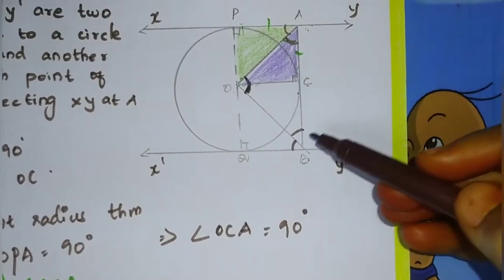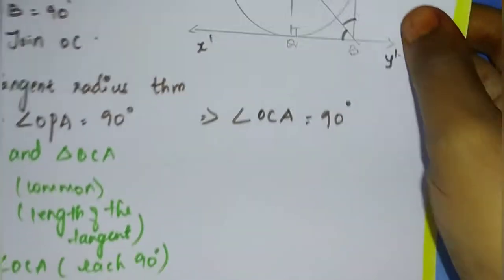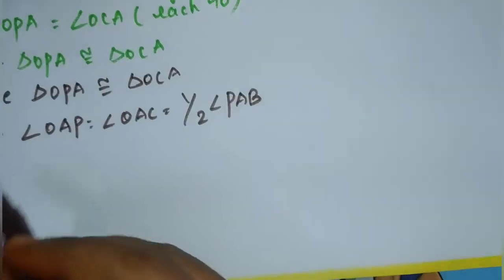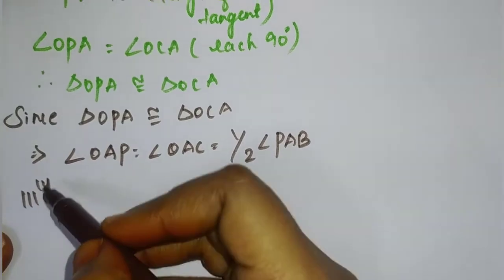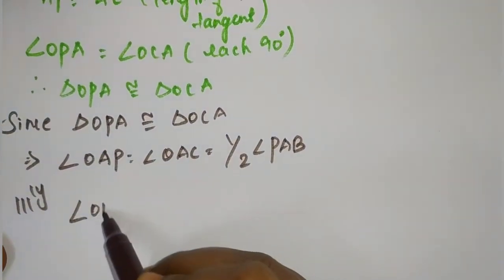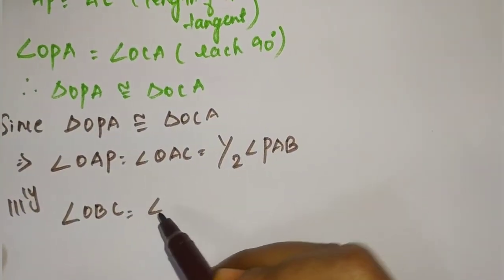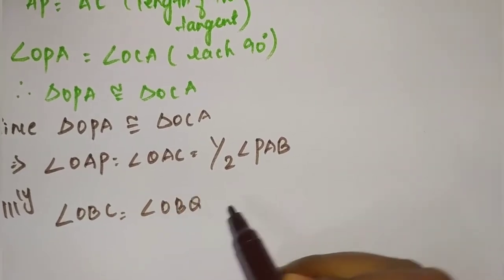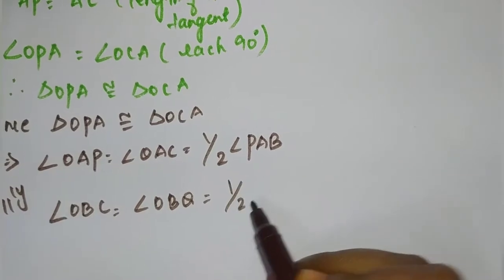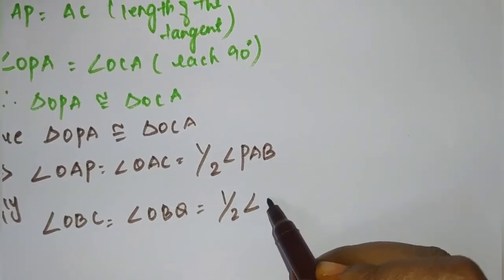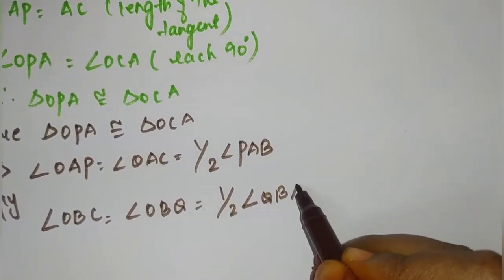Like this, I'm going to prove this one also. I'm not going to prove it, I'm going to write it by similarity. Similarly, angle OBC is equal to angle OBQ is equal to half of angle QBA.